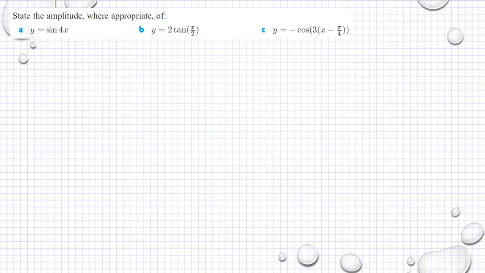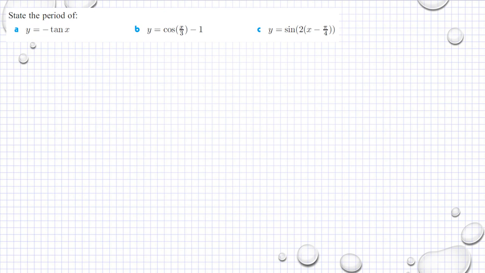Okay, then we have our A. We know that it looks like this, 1 times sine 4x. The amplitude is our A, so our A is equal to 1, the absolute value of 1. So our amplitude is equal to 1.